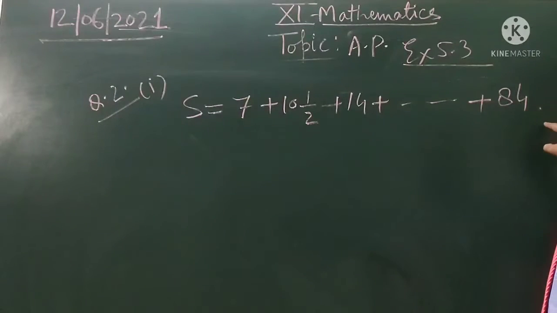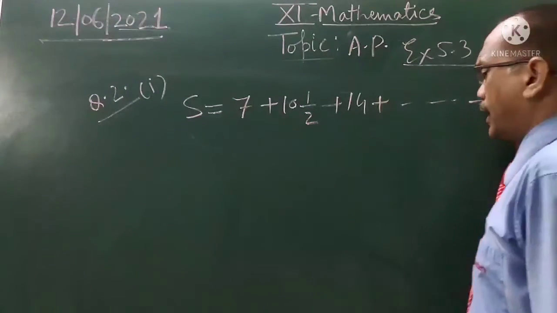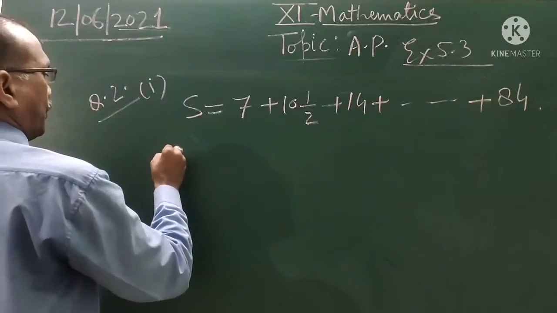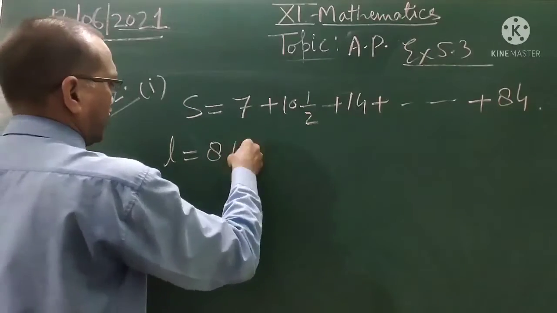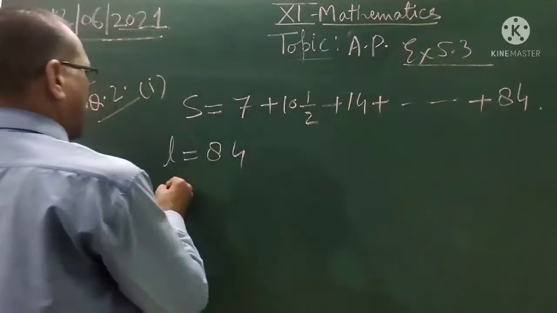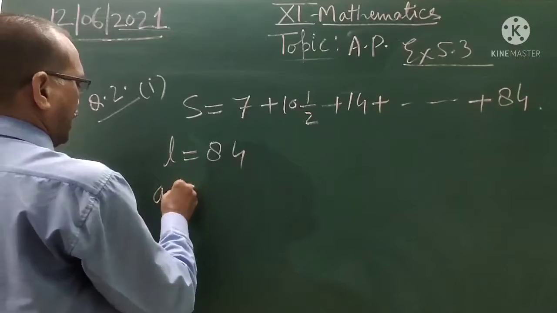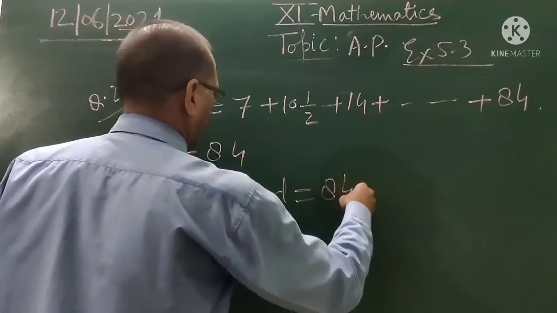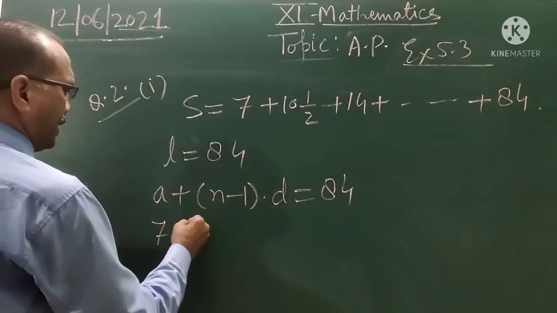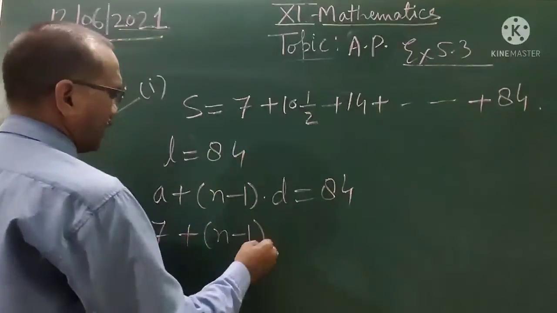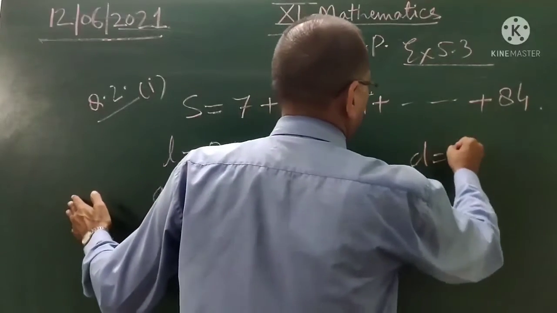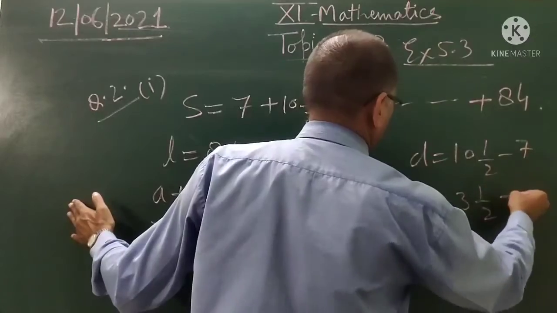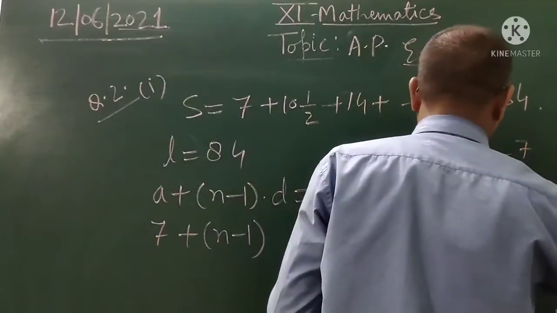Student, 84 is the last term and we do not know n. So L equal to 84. We have to find n. L equal to a plus (n minus 1) into d. It is 84. a equal to 7, plus (n minus 1), and d equal to 10 and a half minus 7, it is 3 and a half, or we can write 7 by 2.